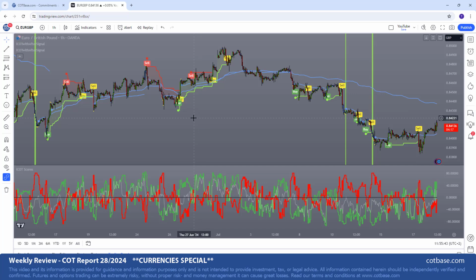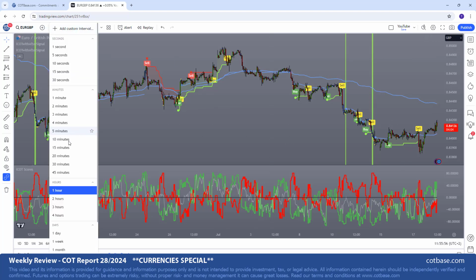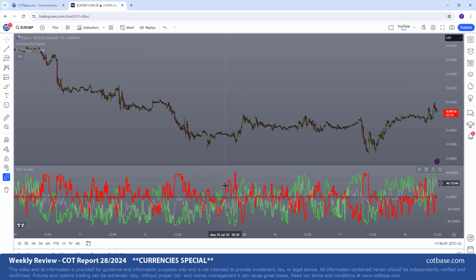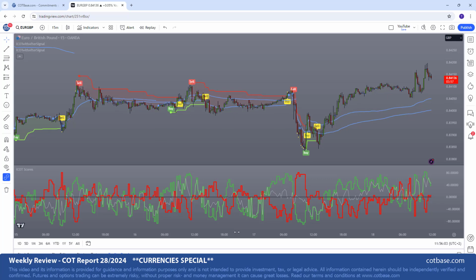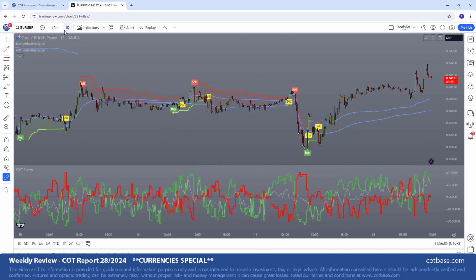Of course, you have the ability to change the iCOT intraday indicator settings, so changing limits could be beneficial, but for now I'm just going to run over different time frames for you so that you can see a couple of examples.